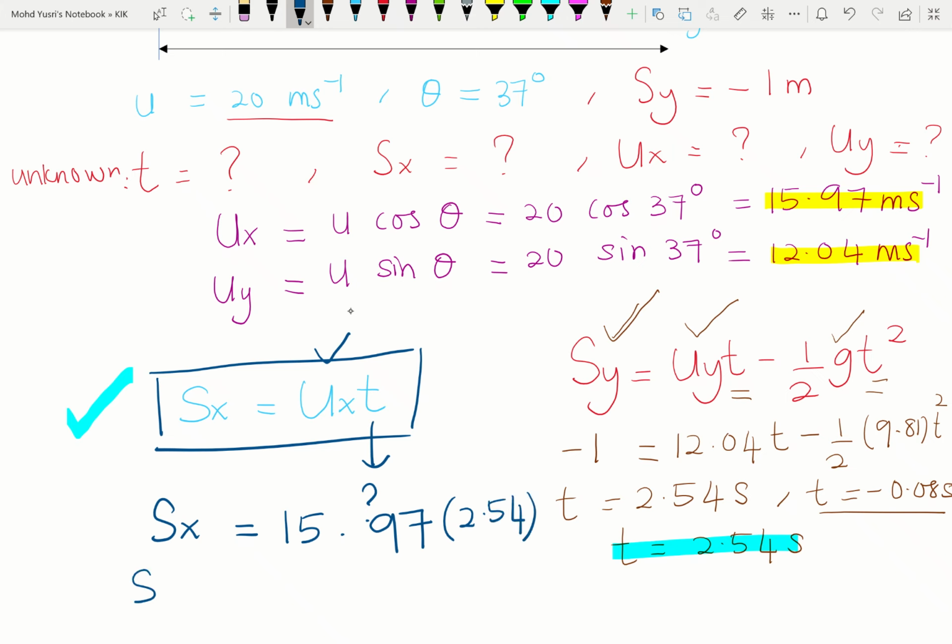Now use your calculator to find the value of Sx. The value of Sx is 40.56 meters.